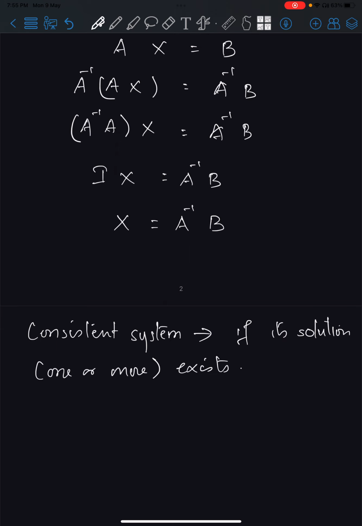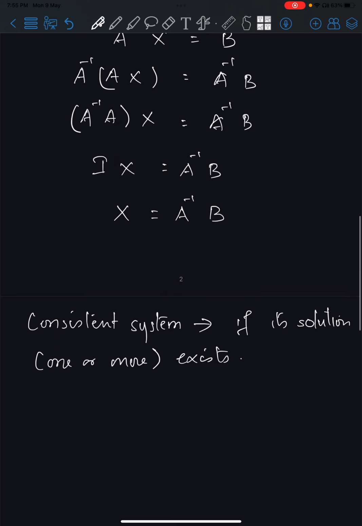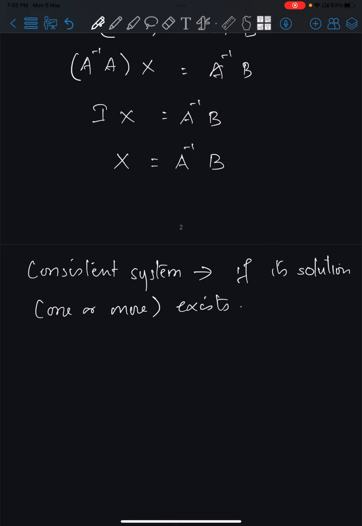If the solution exists for the given system of equations, then we call it a consistent system. And what do you mean by an inconsistent system? It is if its solution does not exist. Simple.